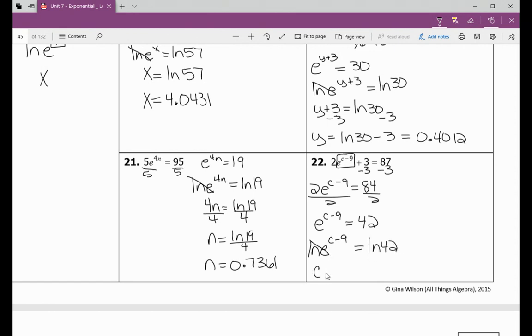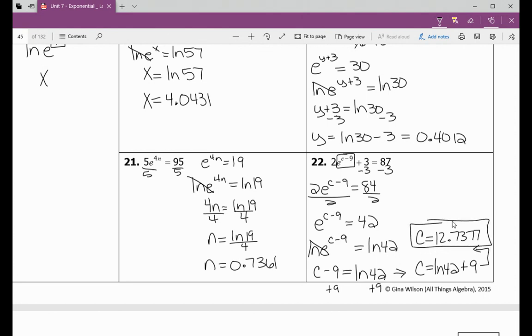That will cancel and leave me with c minus 9 equals natural log of 42. Now I'm going to add 9 to both sides. So that would give me c equals natural log 42 plus 9. And I apologize for having to go up. My c value should be roughly 12.7377. And that would be your final answer.